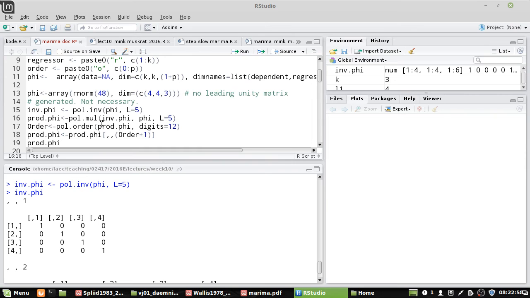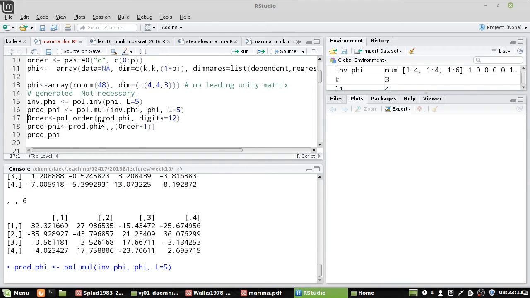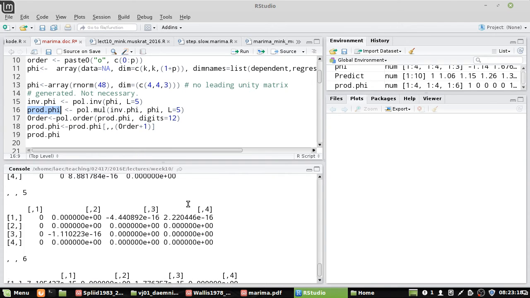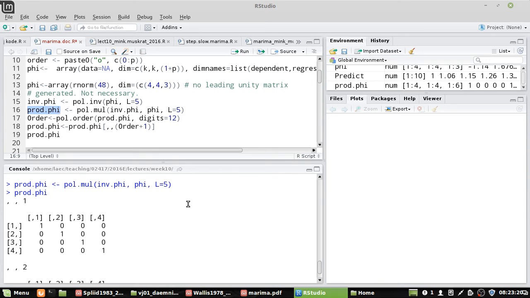Now, just to see if everything worked out, I will pre-multiply the inverted polynomial on the original phi, and also keep the first 5. And if I look at this, I get the identity matrix at the first element.